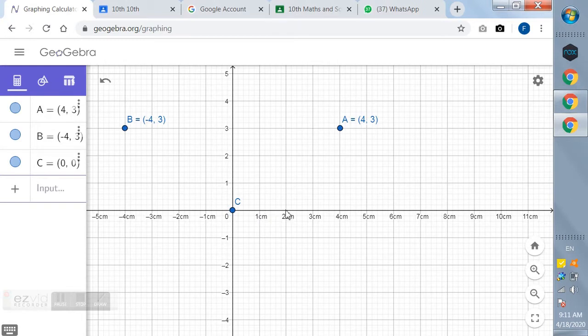Any point here, say this point, we will plot (1, 0).